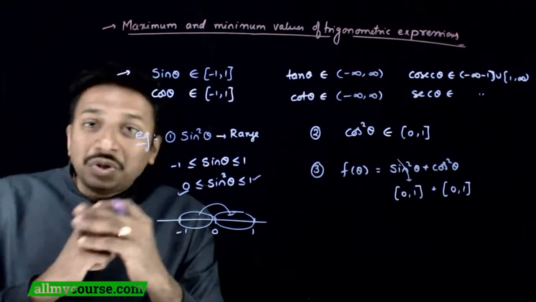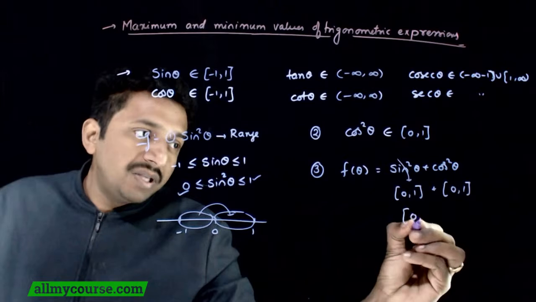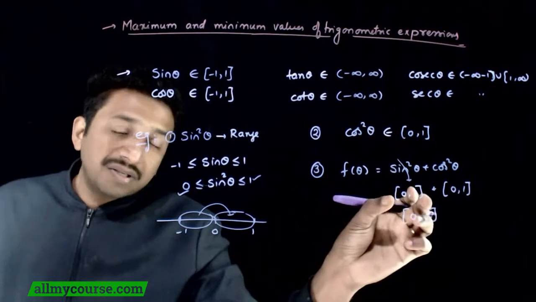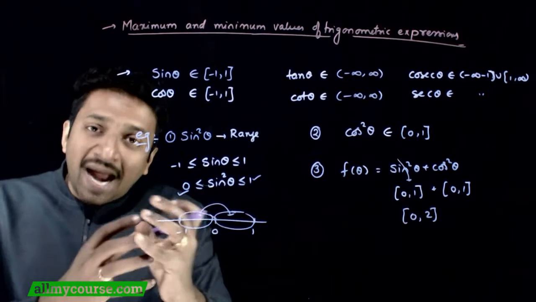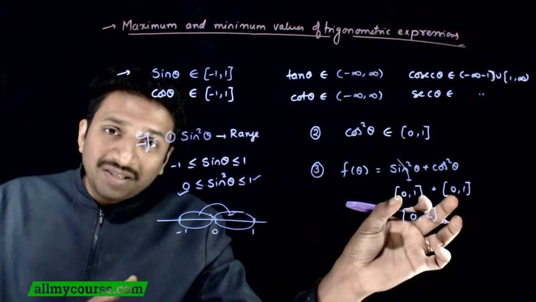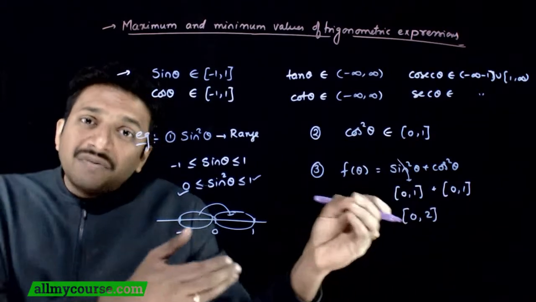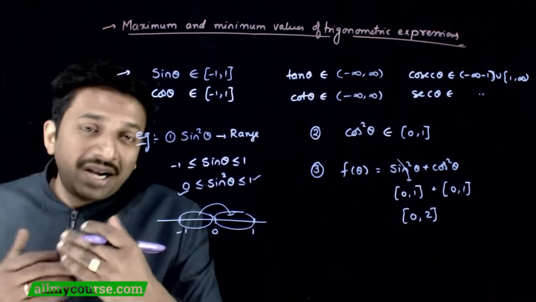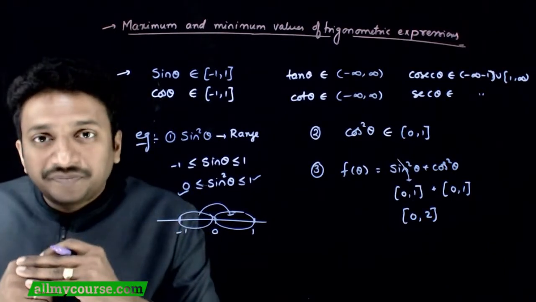Now if I add these two values, the number that I get might belong to 0 to 2, right? Because this is in between 0 to 1, this is in between 0 to 1. Now if I add these two, 0 plus 0, the minimum value might be 0 and 1 plus 1, the maximum value will be 2. So I tend to write that 0 is the minimum value and 2 is the maximum value.